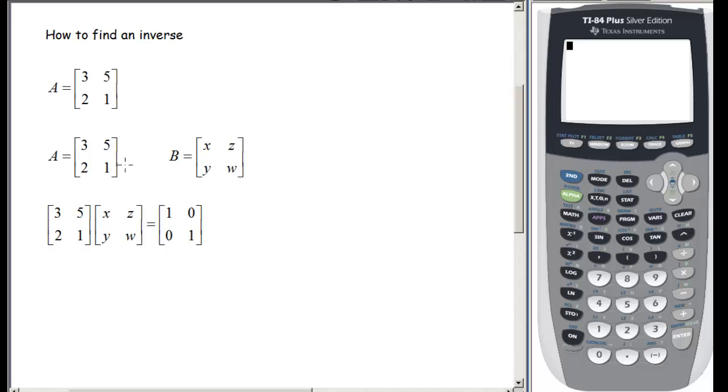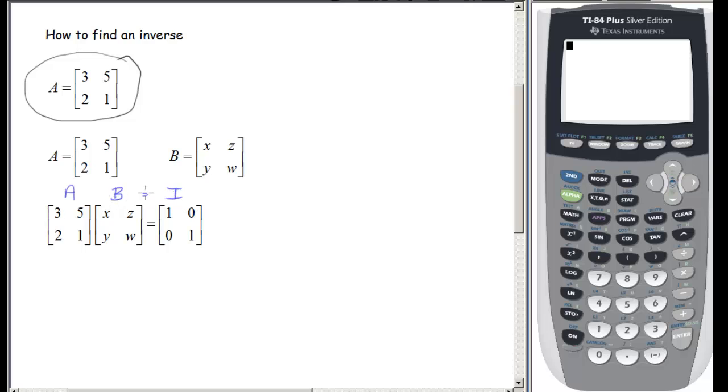But if we wanted to find the inverse matrix of A, so this is my A here, I would find this other matrix, and let's just call it XYZW, and we would want our matrix A times our matrix B to equal the identity.